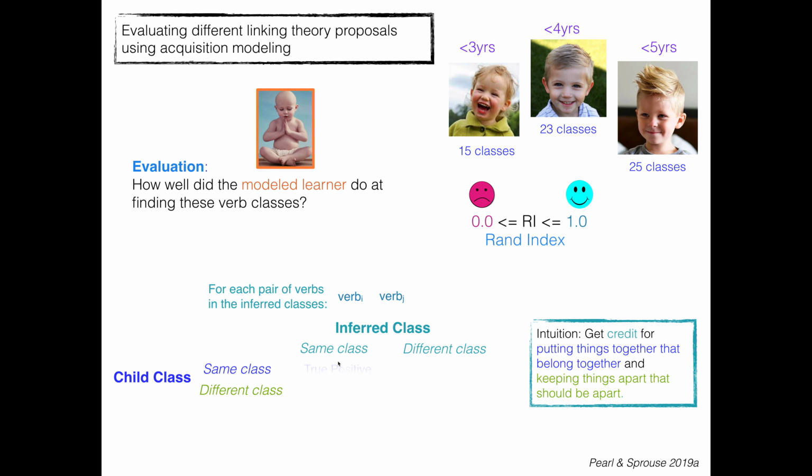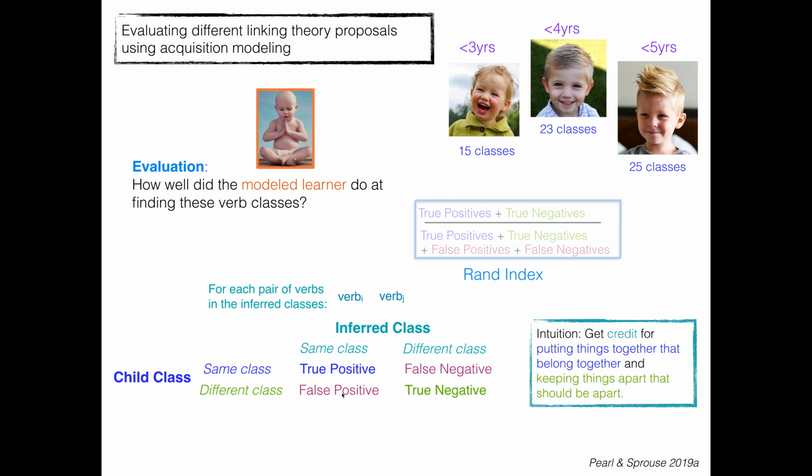If for our actual children, these verbs were in a different class from each other, and in our modeled child, they inferred them to be in different classes, that's a true negative. These are good things, right? Putting things together that belong together, keeping things apart that should be apart. And then if you messed it up, well, then you end up with false negatives and false positives. This happens. So the RAND index is just true positives and true negatives over all of it. Right? So it's a nicely intuitive kind of metric that gives you an answer between 0 and 1.